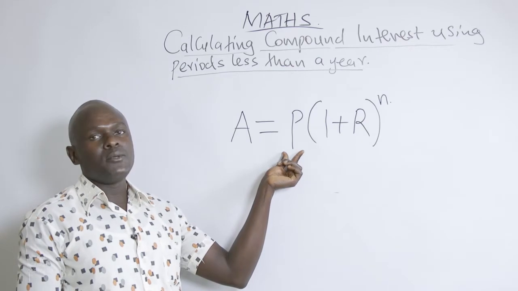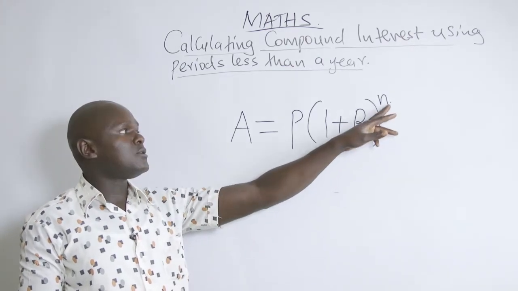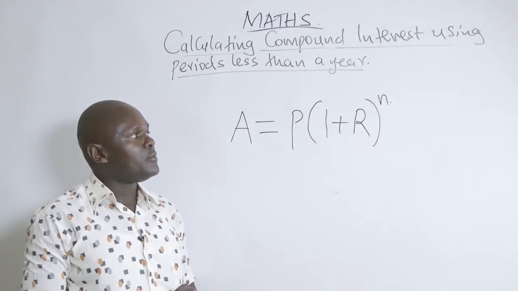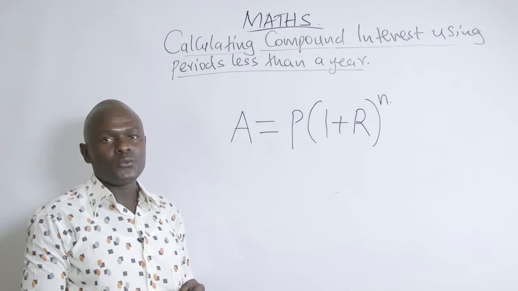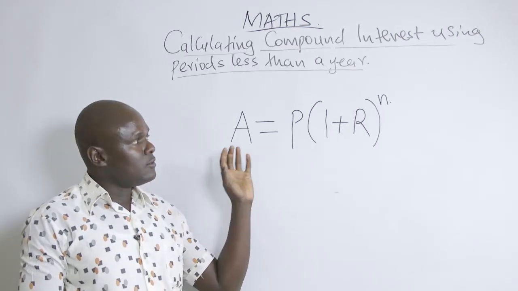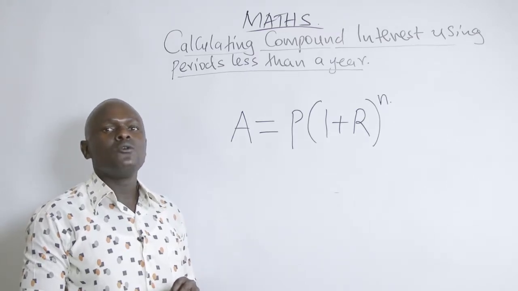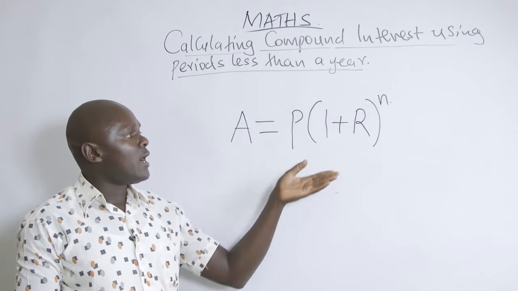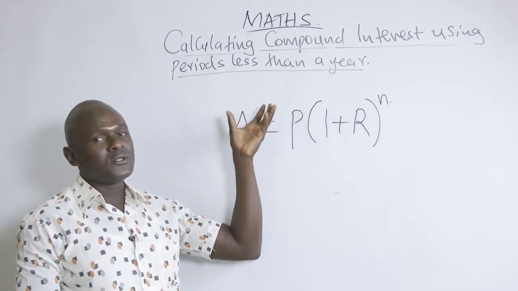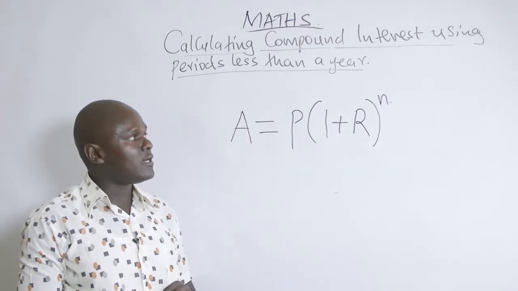This refers to the period, and this is the rate of interest, while this n denotes the number of periods that we have. So in those previous lessons, we also looked at how to adjust the rates based on the periods that we are given. We have already done that.